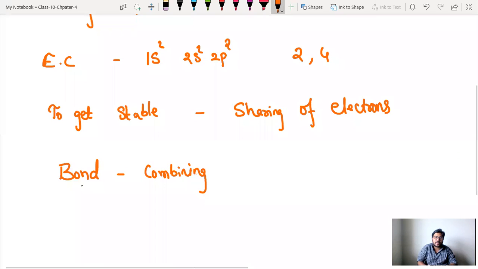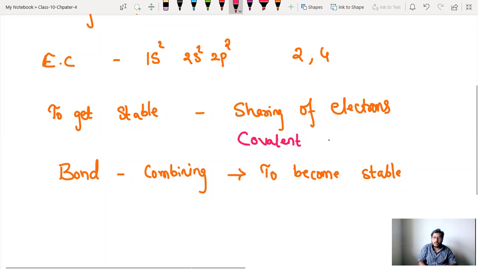That is the technical word we have to use in chemistry. If two atoms are combining together, why it will combine? We know, to become stable. Now, sharing of electrons. This type of bond is known as covalent bond.